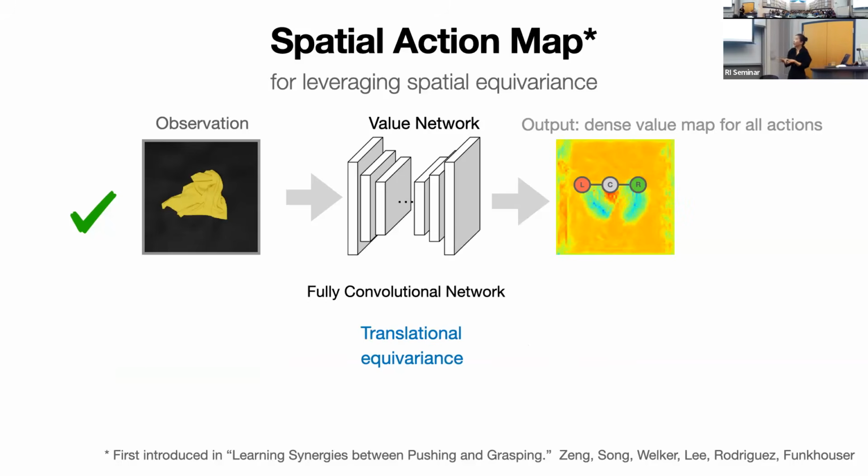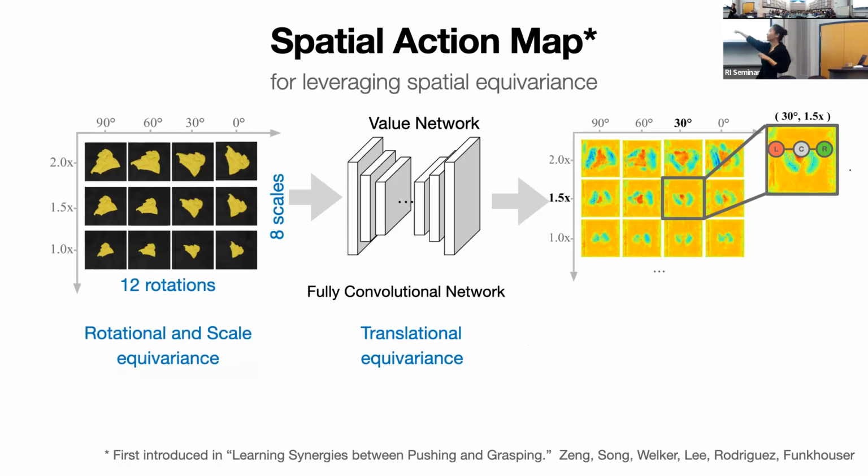So why is this a good formulation? Because by using this kind of fully convolutional neural network, we can naturally get some translational equivariance. And then by explicitly transforming the input image by, for example, applying rotation and scale, the network can also obtain rotation and scale equivariance as well.